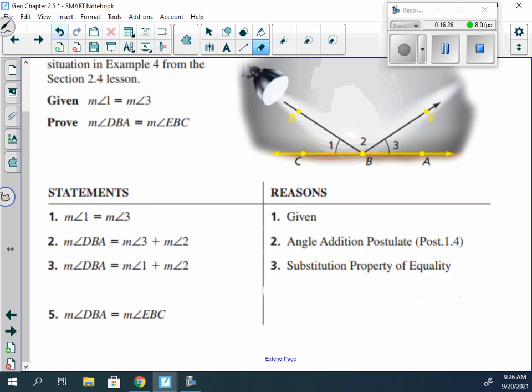As we can see here, there's only one step left. What have we not done anything with? EBC. So step 4 should include EBC, which again will be our angle addition postulate.